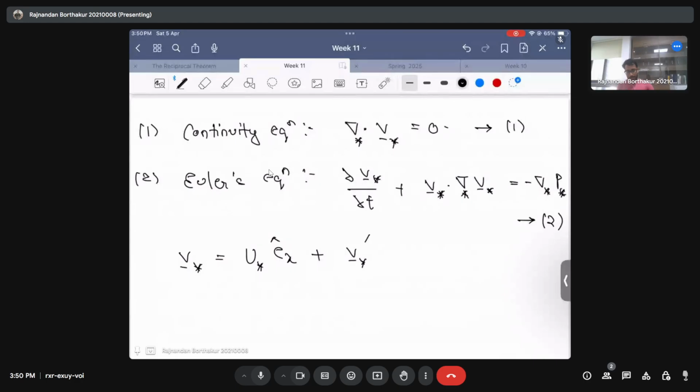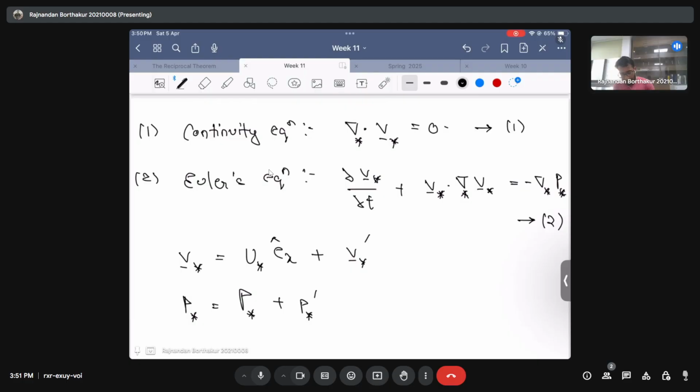And your p star is the base pressure, capital P star, plus P star prime, the perturbations to the pressure.